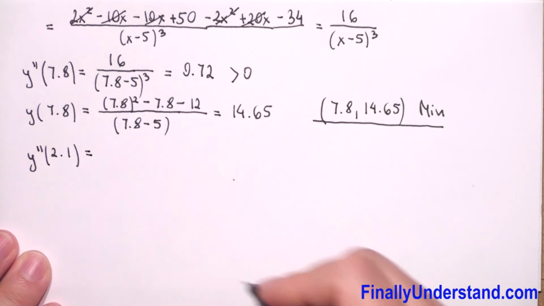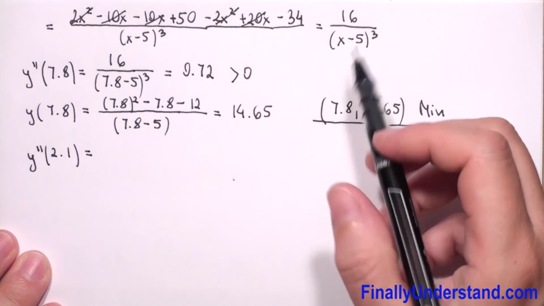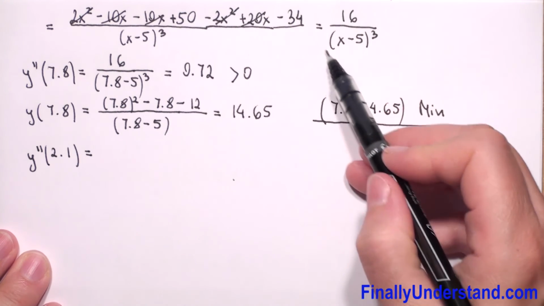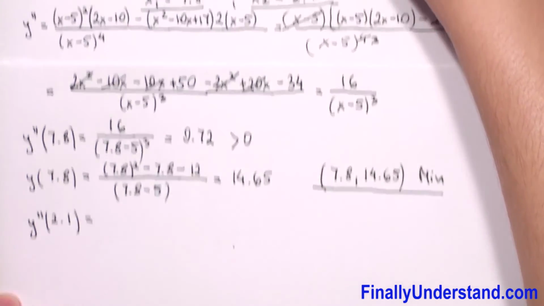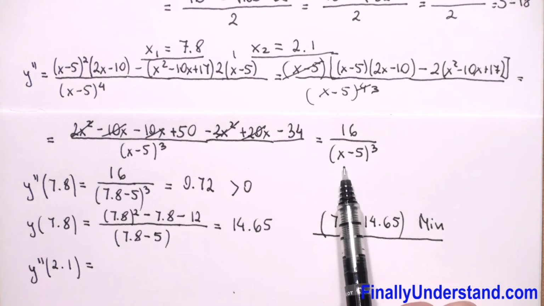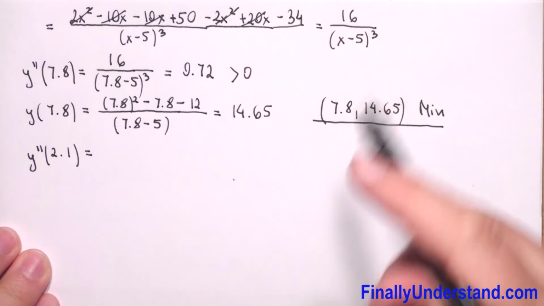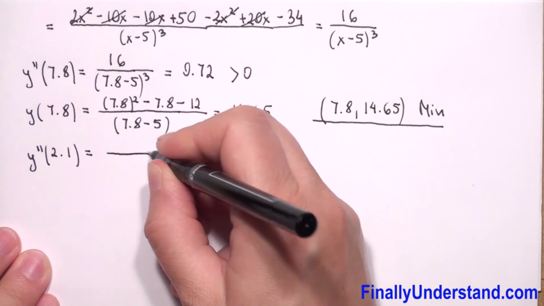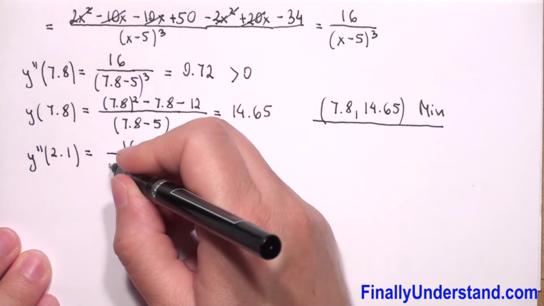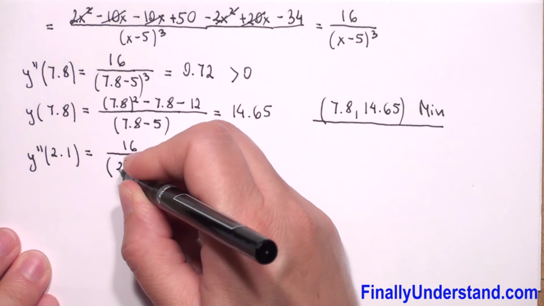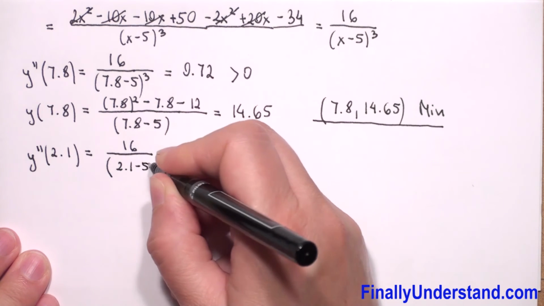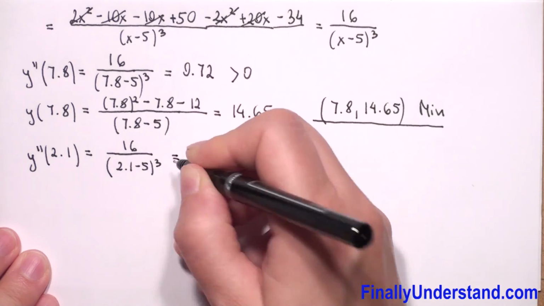It means we have to replace x, because this is our second derivative. We have to replace x by 2.1. So the numerator is 16. In the denominator we have 2.1 minus 5 to the third power.